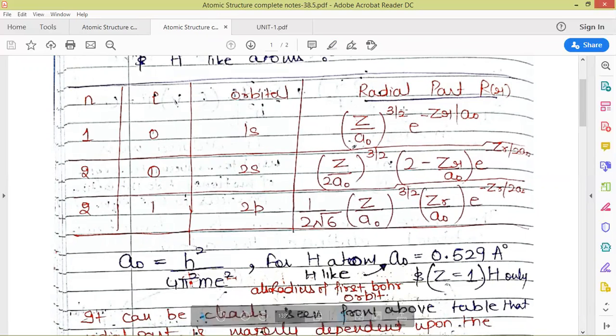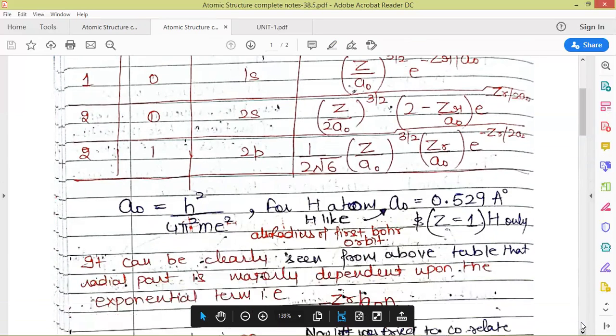So you will have to memorize it, and that will be easier for you. For the 1s orbital, the values of n and l are 1 and 0. For the 2s orbital, you just have to memorize the radial part for these 3 orbitals, that is 1s, 2s and 2p, as far as your syllabus is concerned.